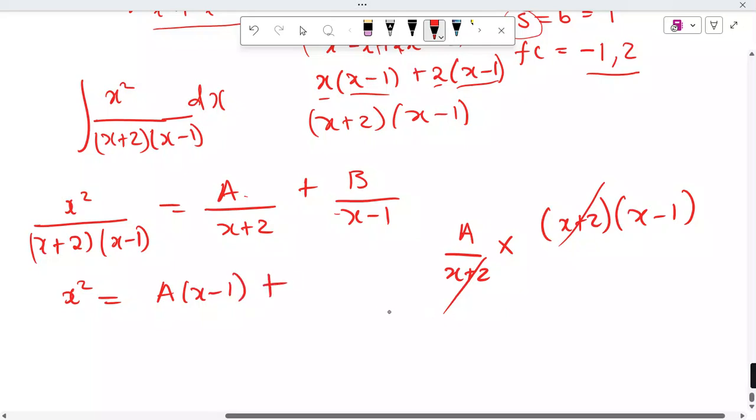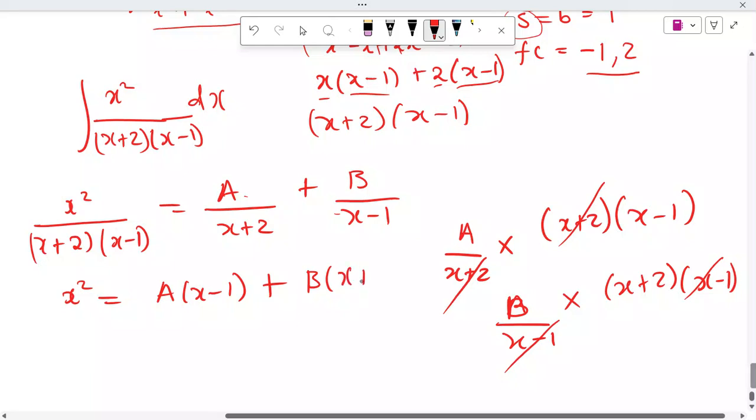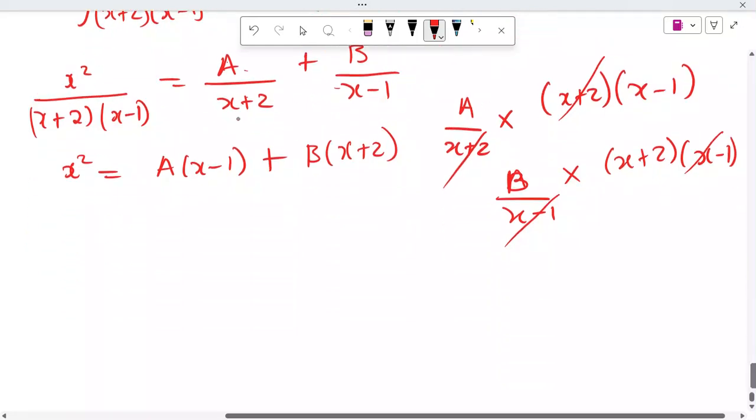Similarly B over x minus 1, multiplied by x plus 2 times x minus 1, the x minus 1 cancels, so B will be multiplied by x plus 2. I just get the numerator.